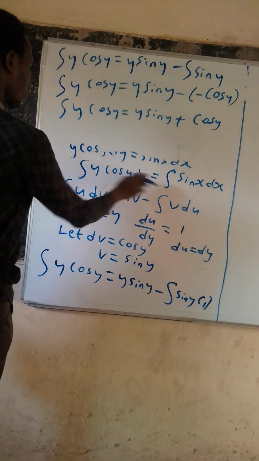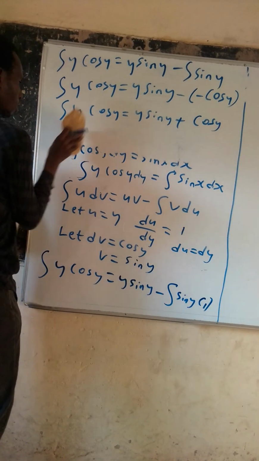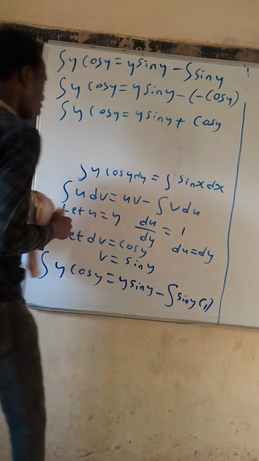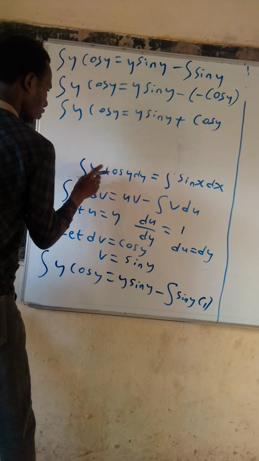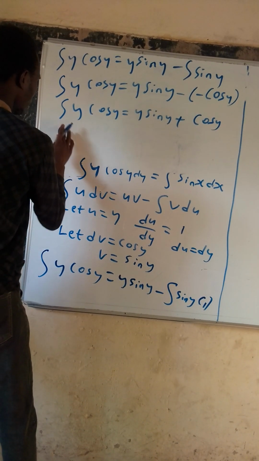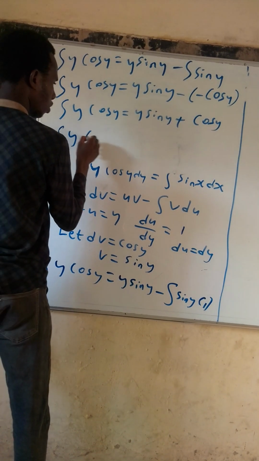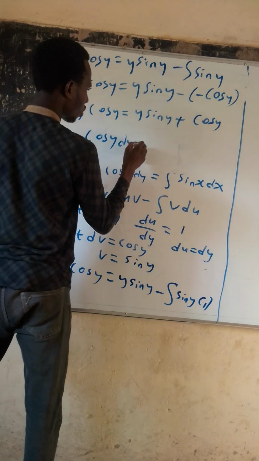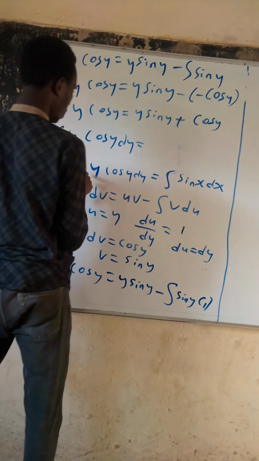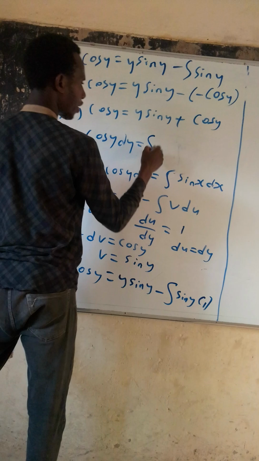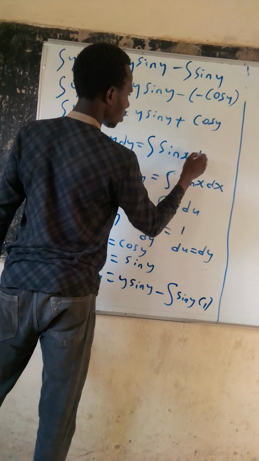So what do we have from here? We said that this was y cos y dy equals the integration of y cos y equals the integration of sine x dx.